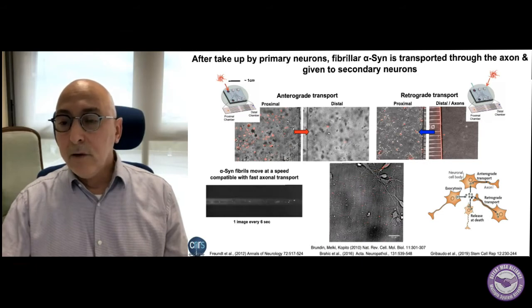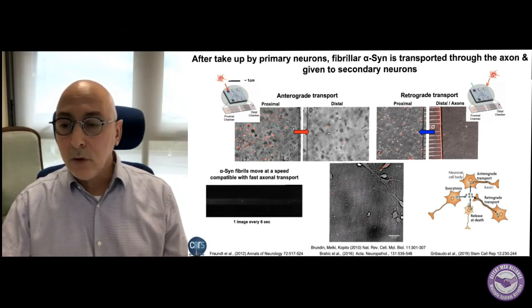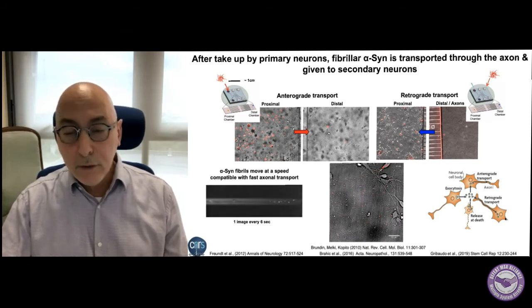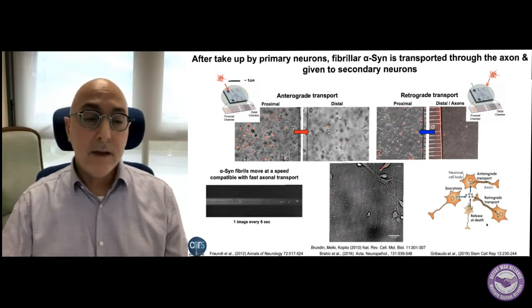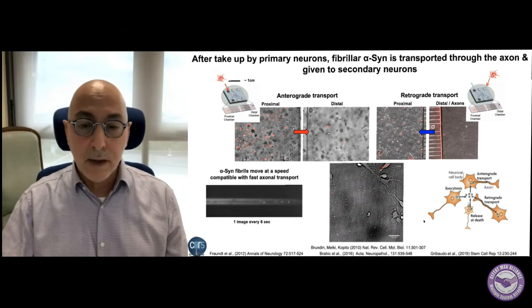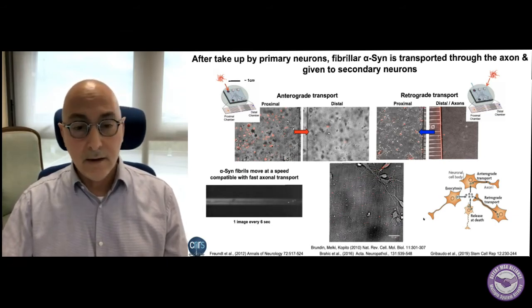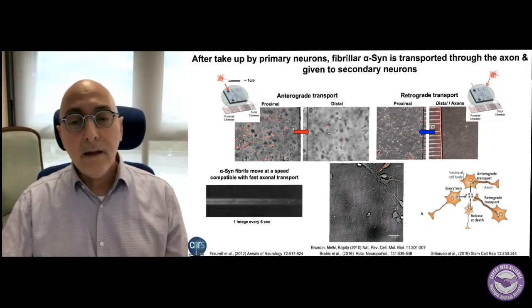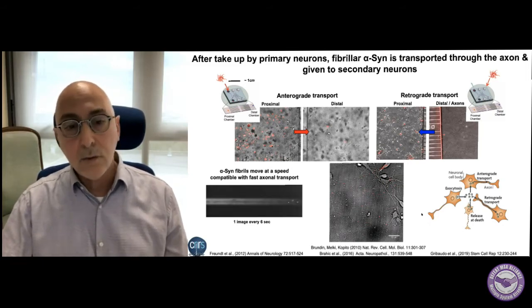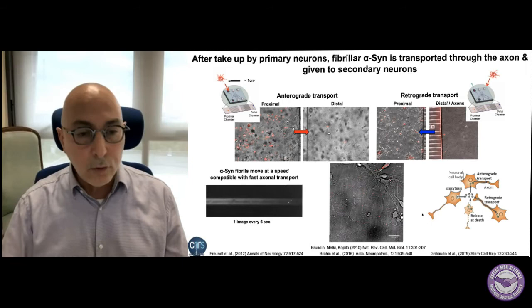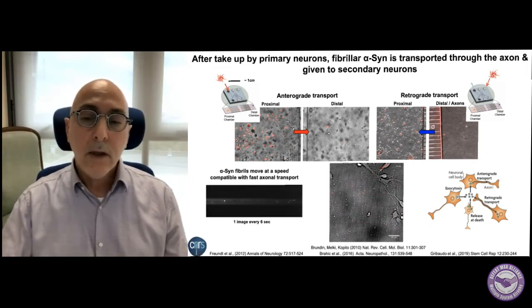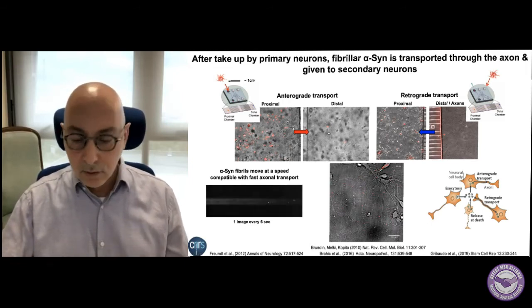When the aggregates are bound to the axon, they are transported retrogradely to the cell body. So we have an active transport mediated by molecular motors called dyneins and kinesins, and this allows the transport of these aggregates along the microtubule network in one direction or the other.